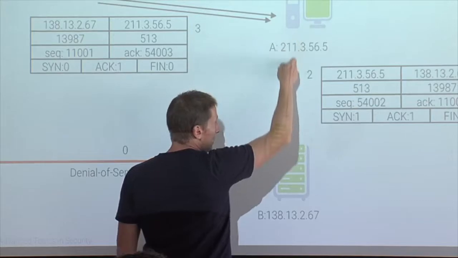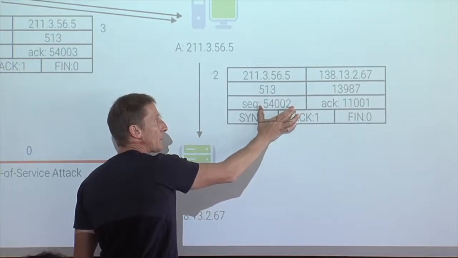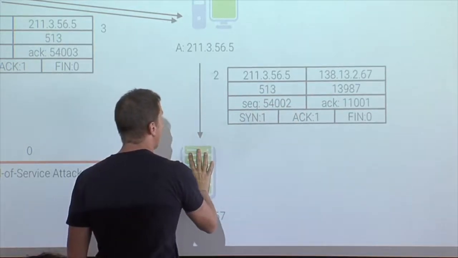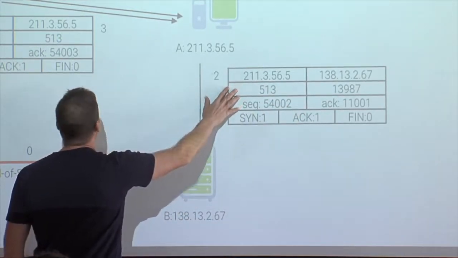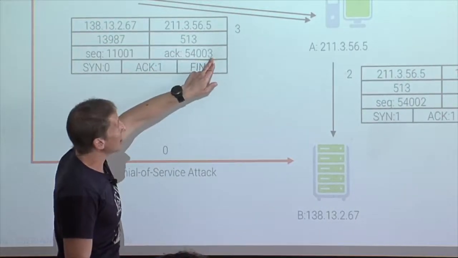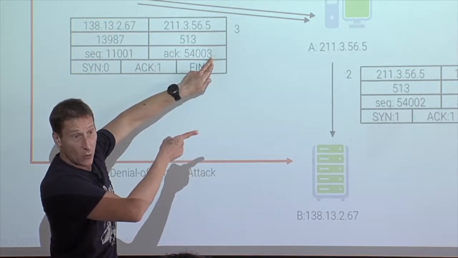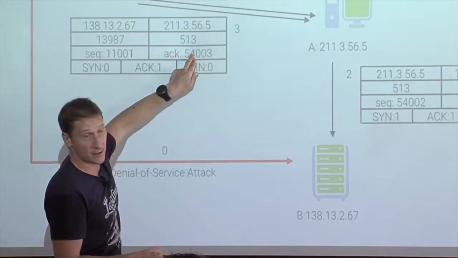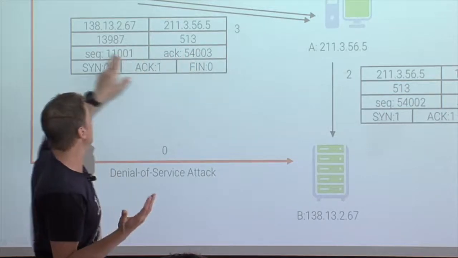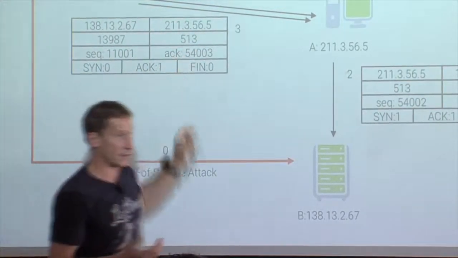The victim will reply with a SYN-ACK, sending the initial sequence number, 54,002, to this guy. This guy will ignore this packet. And now, the third step is to send an acknowledgement which has the sequence number increased by 1. If you don't have this, no chance. This part you know because you chose it, but you have to guess the other.